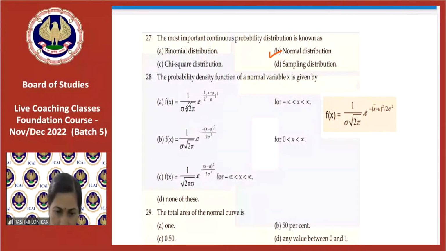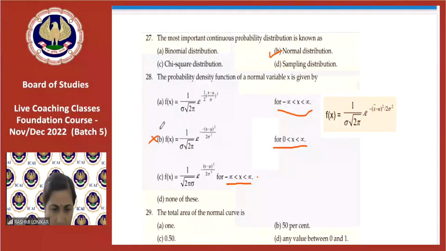Now here, this condition, minus infinity to plus infinity, is there. Here it is written 0 less than x less than infinity, so this option automatically goes away. Here they have again written it, so this is quite possible.